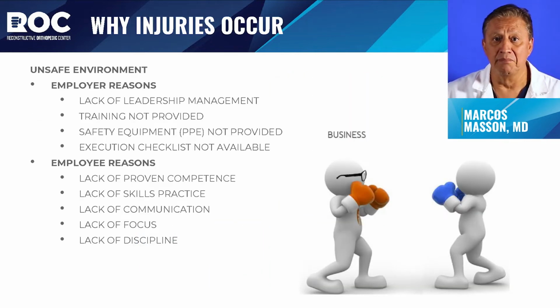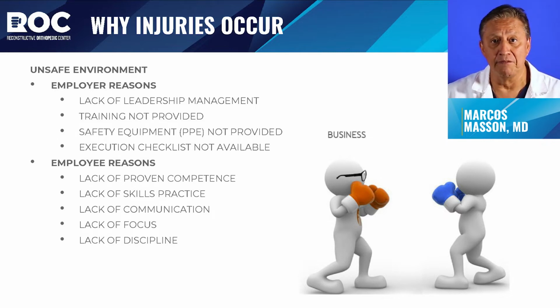Now, if you think about work injuries and why they occur, it is one of 3 things. First, it could be an unsafe environment, and we'll talk about the different areas of unsafe environment, but it could also be employee reasons because of lack of leadership management by employer, lack of training or poor training provided, and safety equipment cannot be provided.